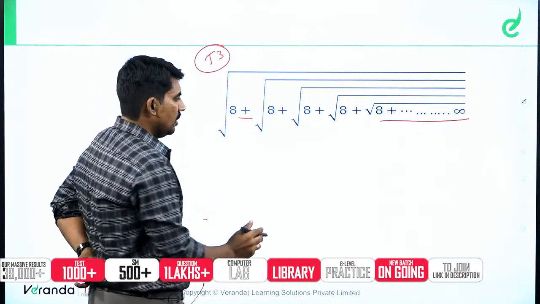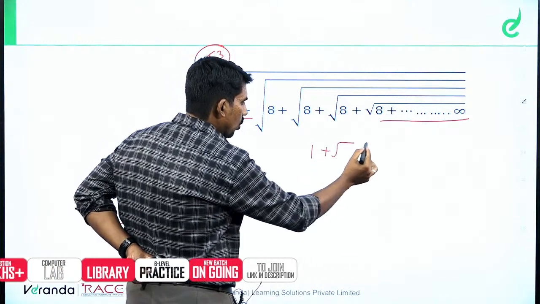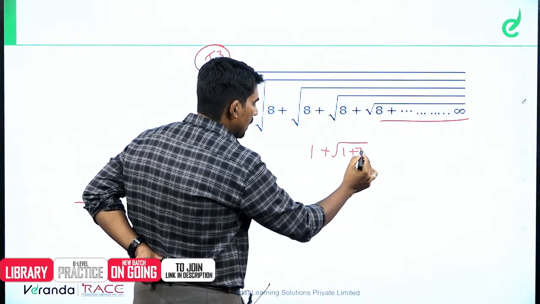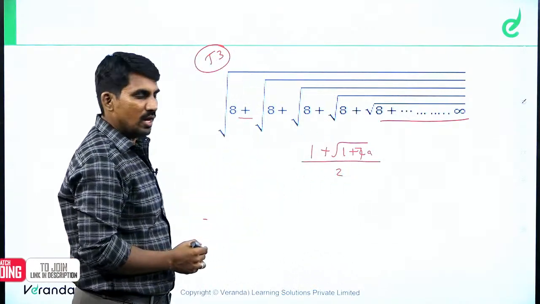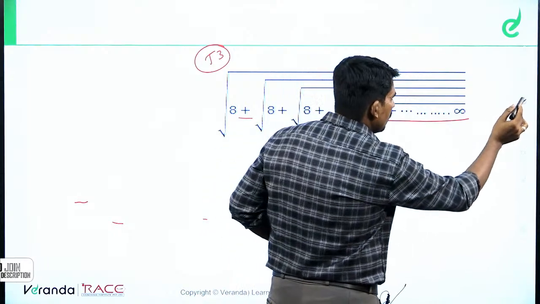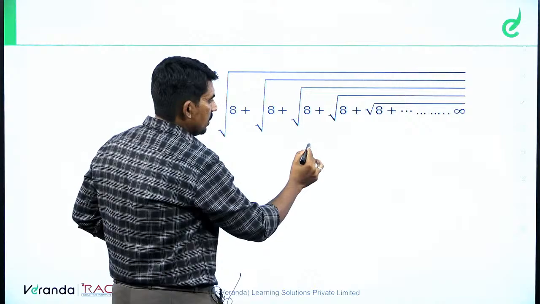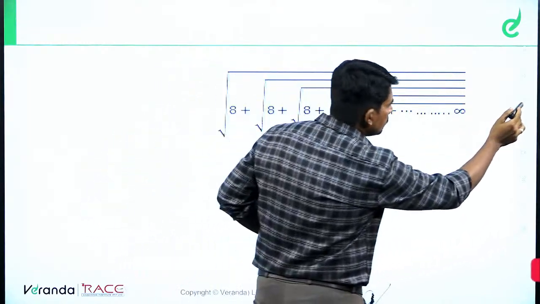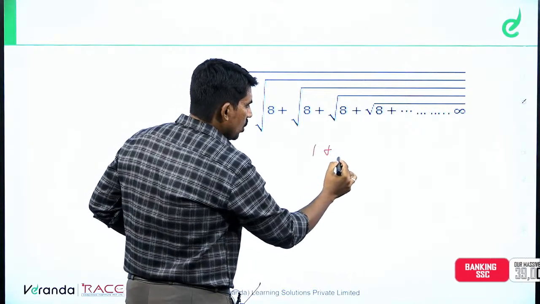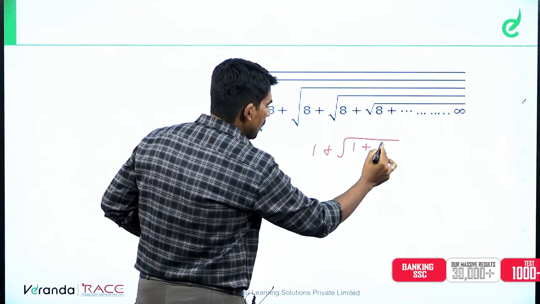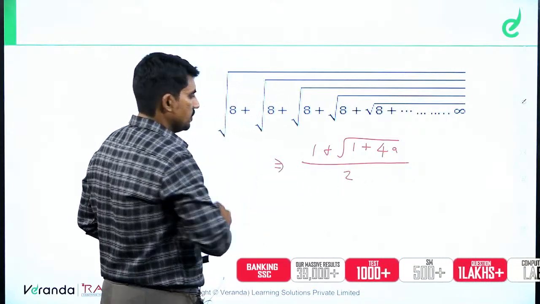Therefore, the shortcut is (1 plus root of 1 plus 4a) divided by 2. Clear? This is the shortcut.